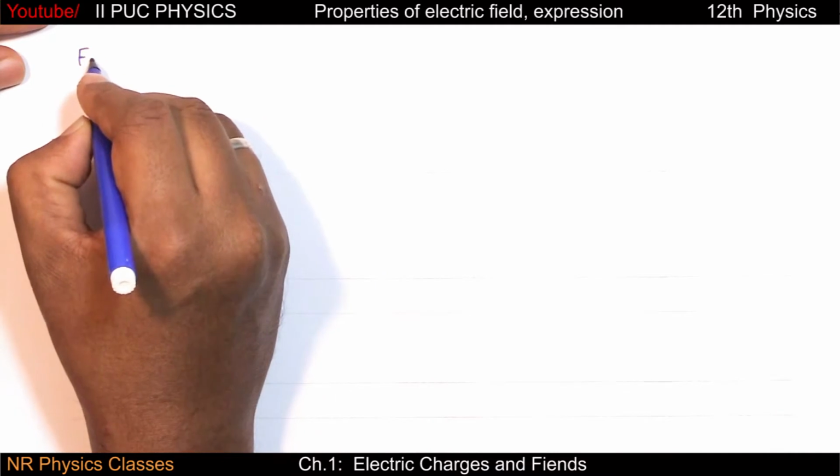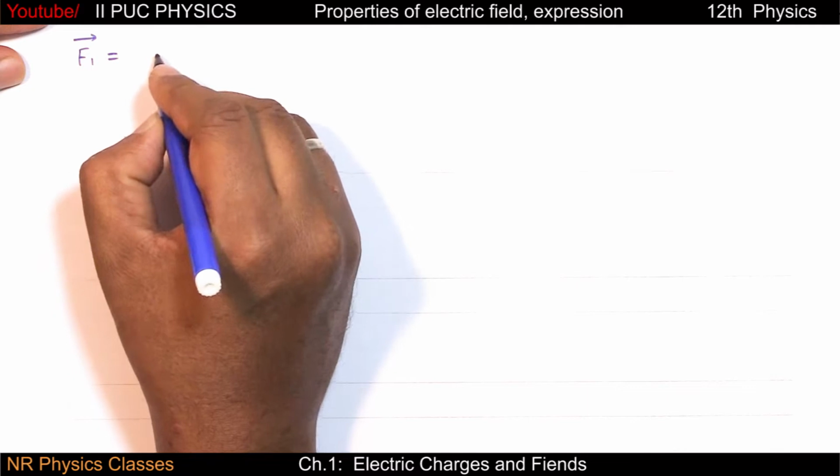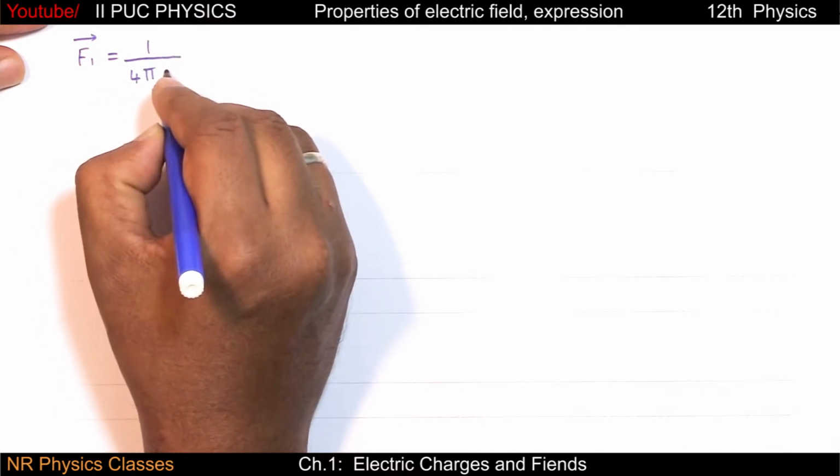Force on Q1 is F1 equal to, the constant is a common factor, that constant is 1 by 4 pi epsilon naught.